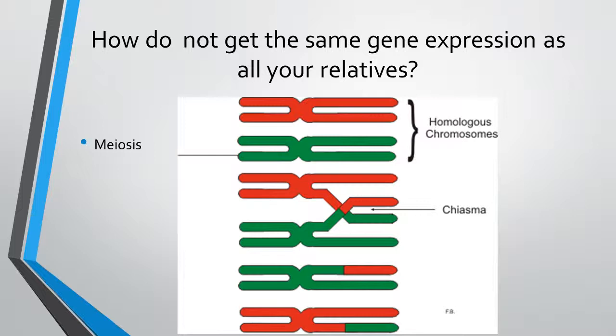A part of the red chromosome will transfer and switch places with the same part on the green chromosome. This is very important, because you cannot have, let's say, the top half of the red chromosome switch places with the bottom half of the green chromosome. It just doesn't work that way. It will not support life if that happens.